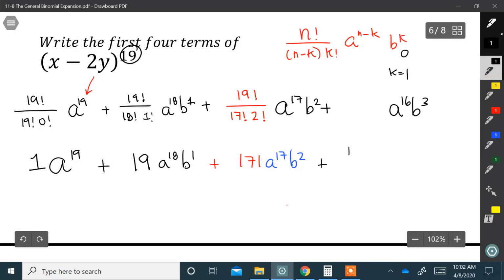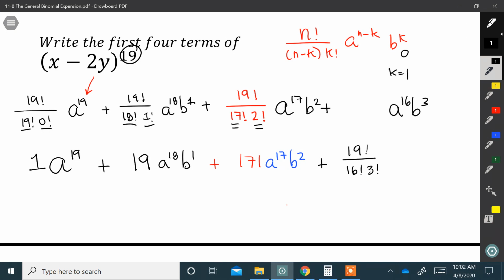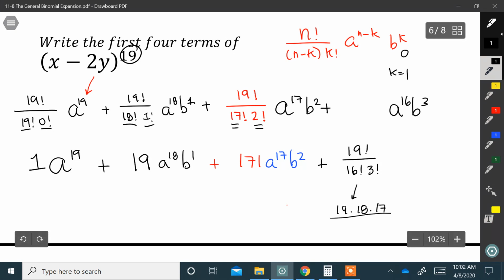This one here is going to look like this: 19 factorial over, notice that the numbers are decreasing, so it's 19, 18, 17, and 16 factorial. This one is going to increase, so it's going to go to 3 factorial. Remember, it's 0, 1, 2, and then 3 now. Let's do that on my calculator. So it's 19 times 18 times 17, the 16 is going to cancel out. 3 factorial is 3 times 2, that's 6.